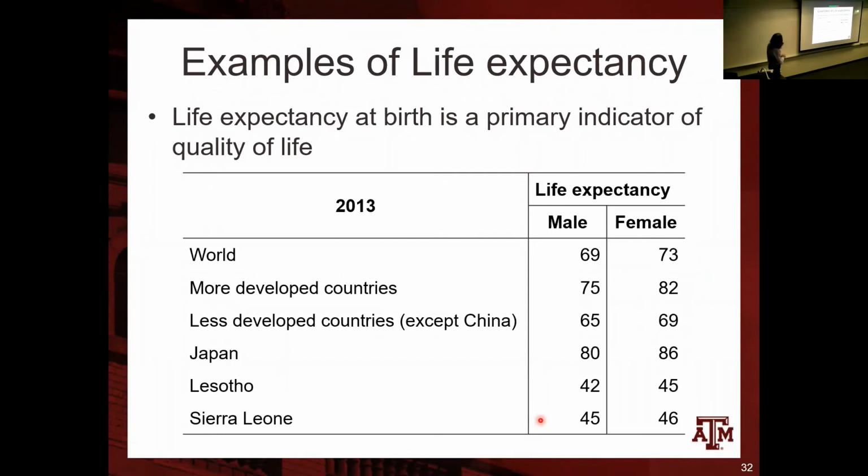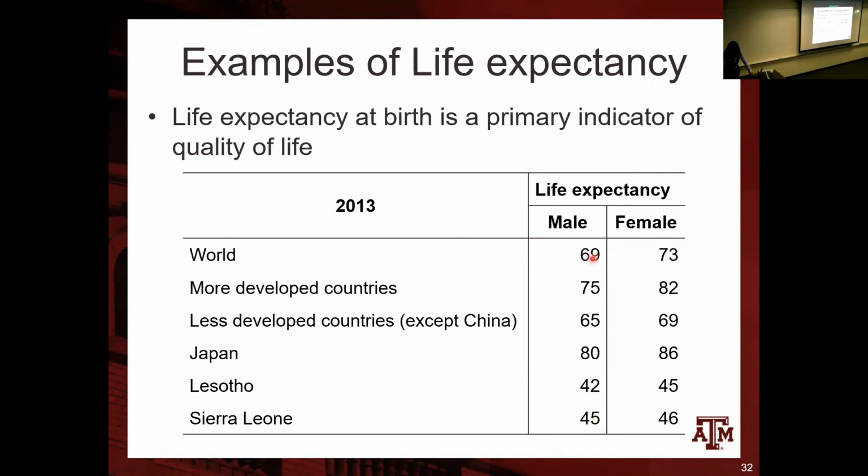And just to give you examples of how life expectancy varies across the world and also by sex. The average in the world back in 2013 was 69, more developed countries 65, less developed countries except China 65, Japan the highest, Lesotho and Sierra Leone among the lowest.